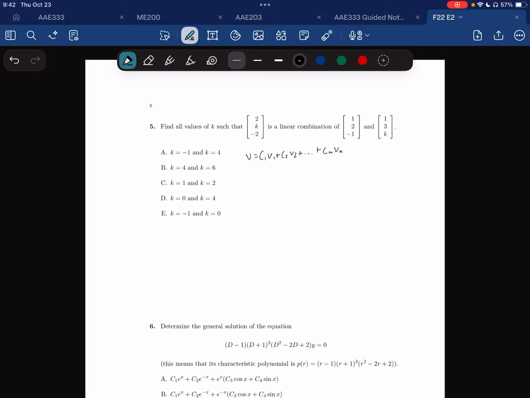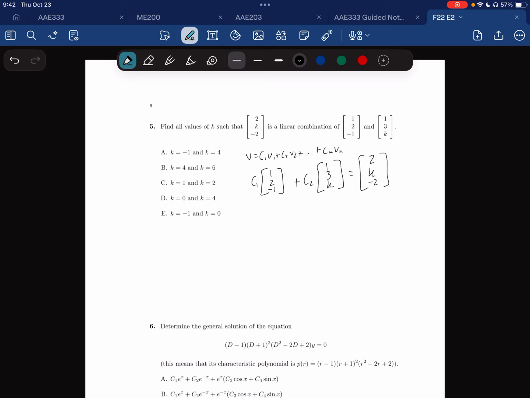So in this case, our v1 can be (1, 2, -1), and our v2 can be (1, 3, k). And we want this to be equal to (2, k, -2).